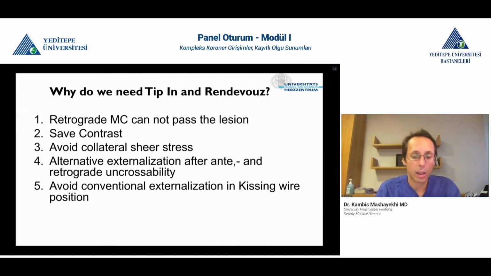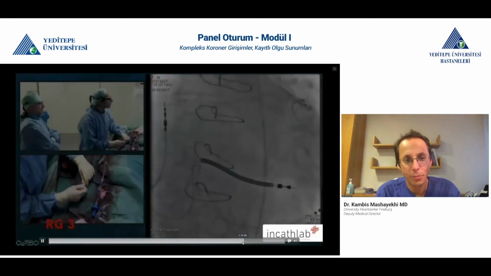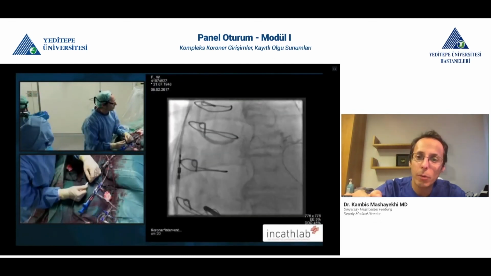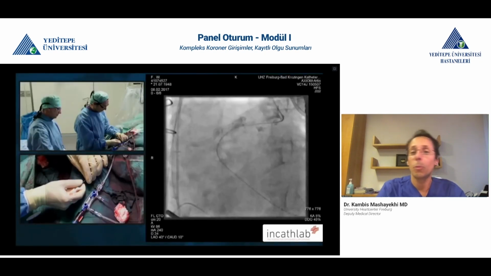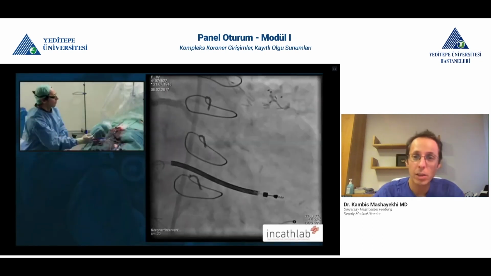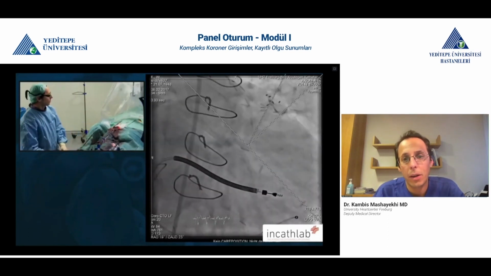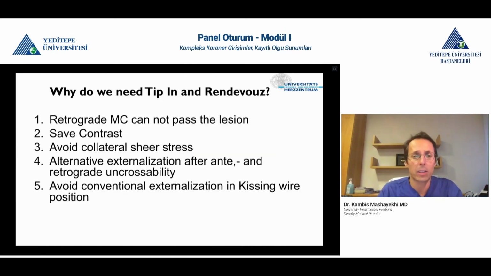So the Archie Free outside of the whole, you can see, to engage the guide retrogradely with Archie Free, and it was possible here, and then to externalize the whole Archie Free through the antegrade guiding catheter, and to finalize the case. So this tip-in maneuver can help. In this scenario, it was a little bit more complex because we got an uncrossable lesion actually, but you can see it's a good alternative externalization technique.